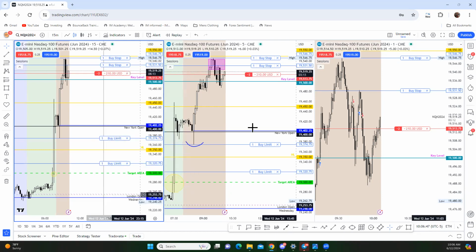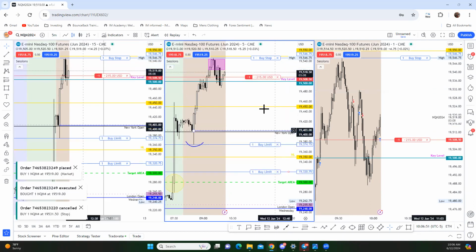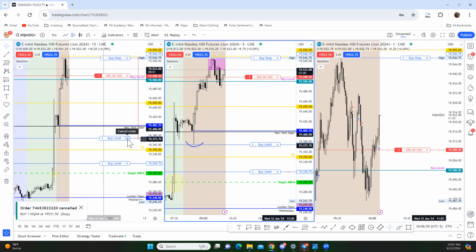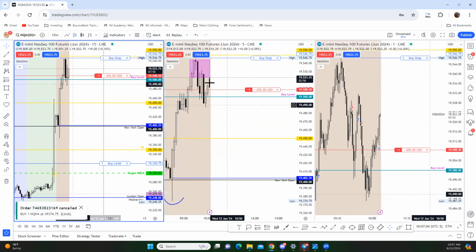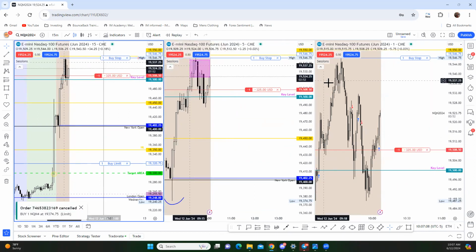I'm going to reduce my risk down because I could add into this trade better if I wanted to, and that would probably work out better for me with the loss that I've experienced. So if price was to continue to rally here, I don't want to experience that full loss. That's not what I want to do today.